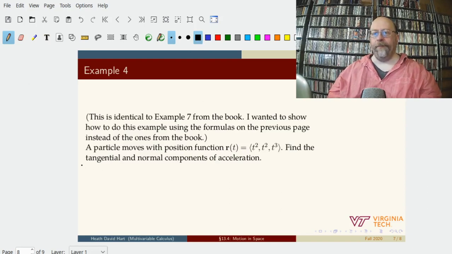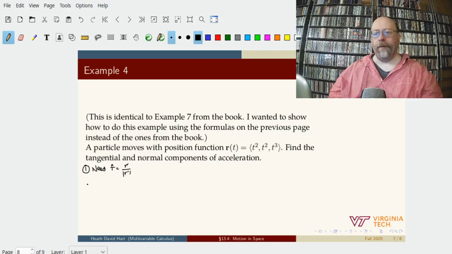Okay? So we first need to calculate the T vector, which is r prime over the magnitude of r prime. Okay? So r prime is 2t, 2t, 3t squared.